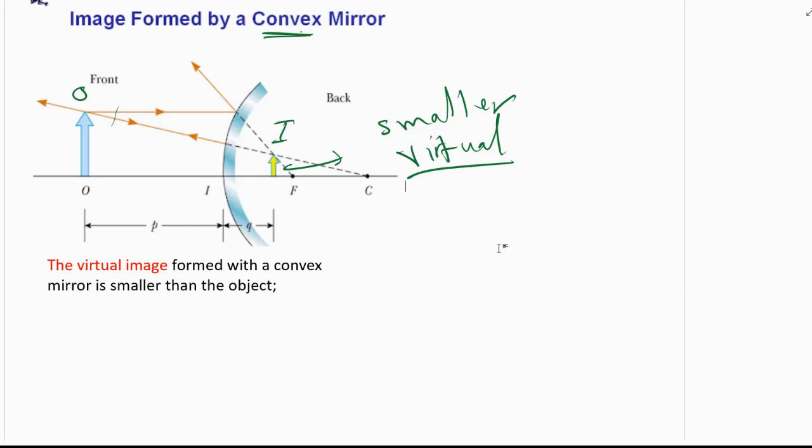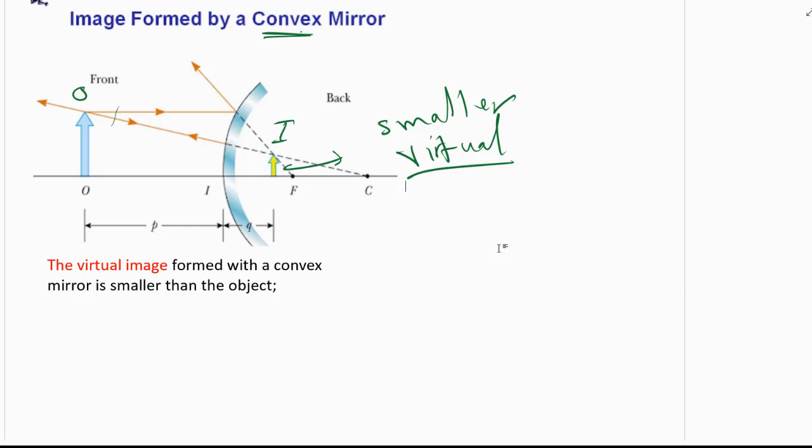which means the image in front of a concave mirror, its properties and characteristics, depend on how far away you are from the mirror. If you are very close, the image is different from when you are far away from the mirror.